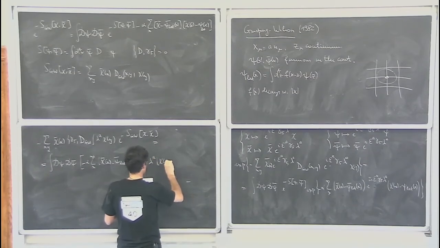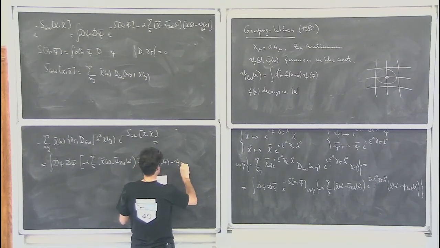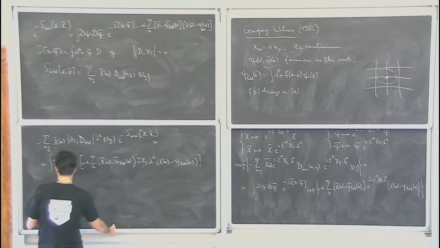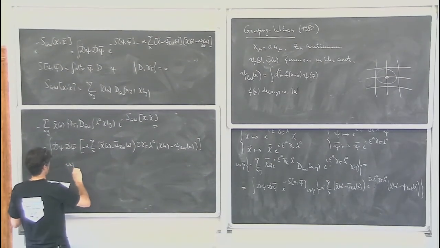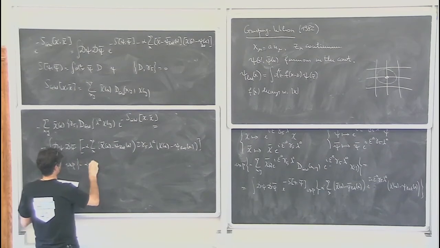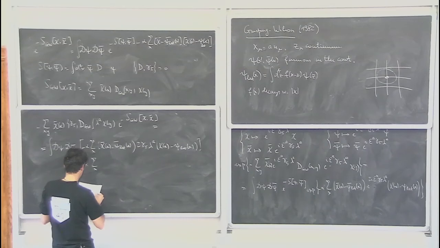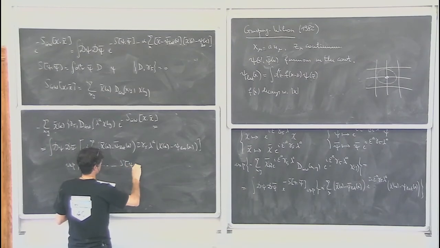We get chi of x minus psi lat of x, like this, times we still have the exponential of minus alpha times the sum over x, blah, blah, blah, minus S of psi bar and psi.